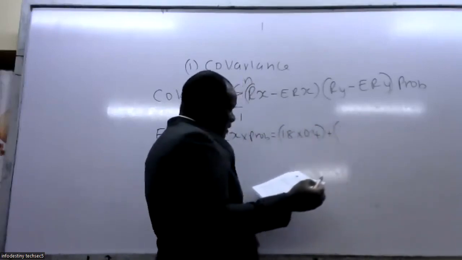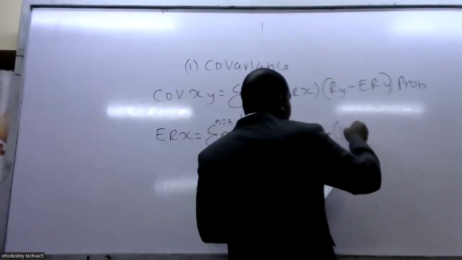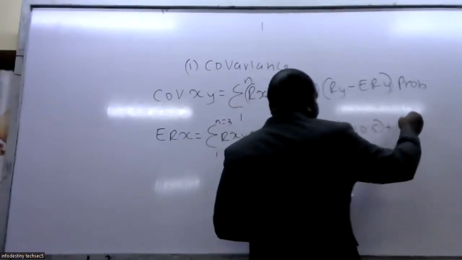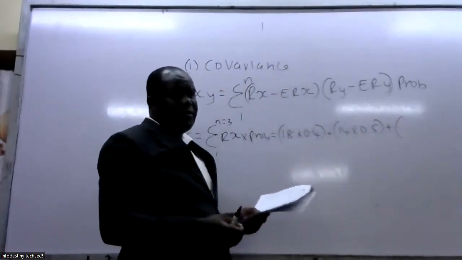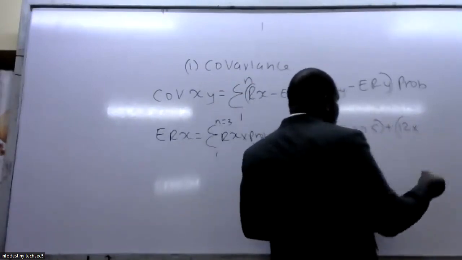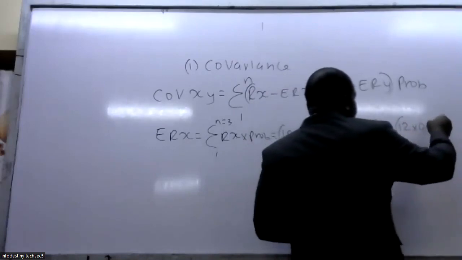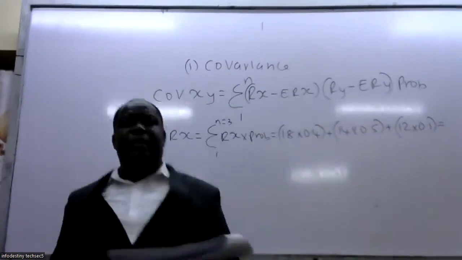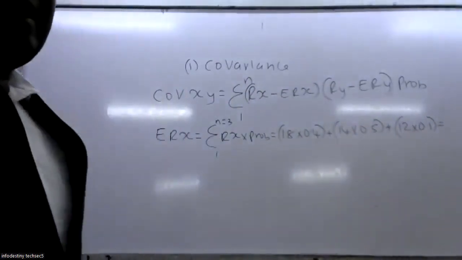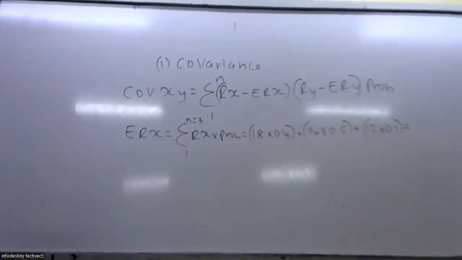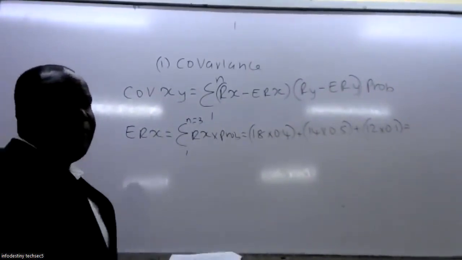We also add the next one, 14, probability of it occurring is 0.5. We also add the next one, which is 12, probability of it occurring is 0.1. So when you add them together, they should give you the expected return for X.